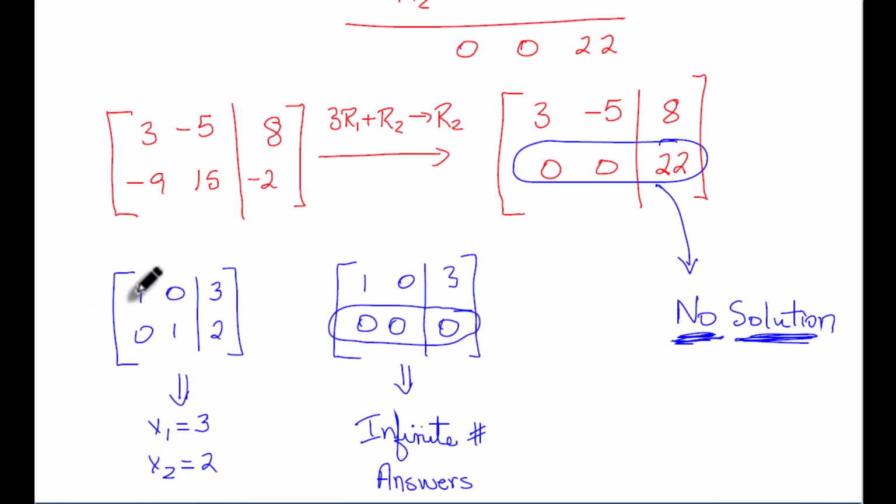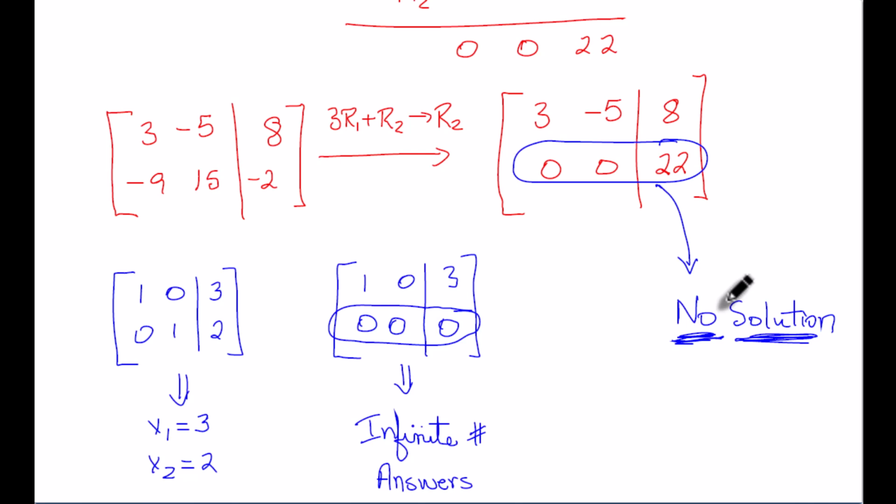And in the case above that, remember, we did have ones and we had an answer. If we have 0, 0, a whole row of zeros, but the number on the right-hand side is not 0, see, here it is 0.